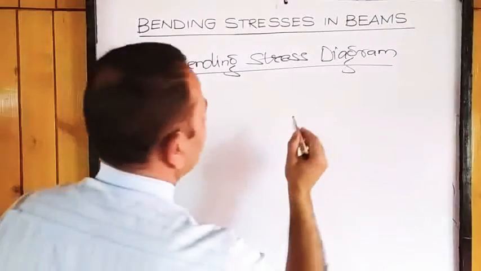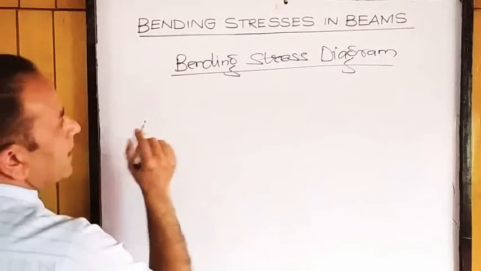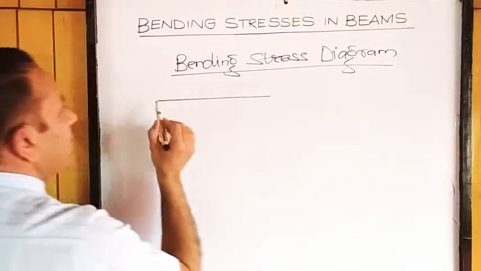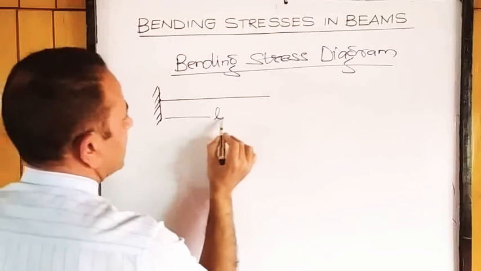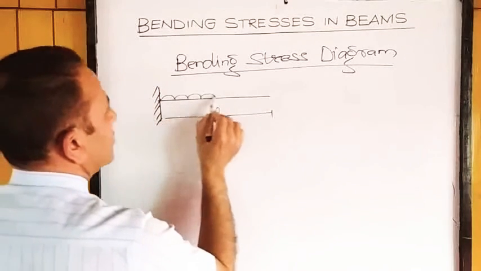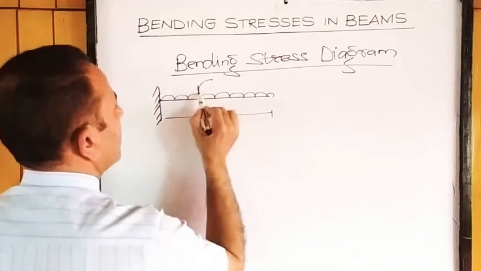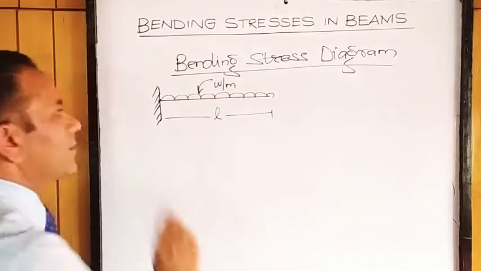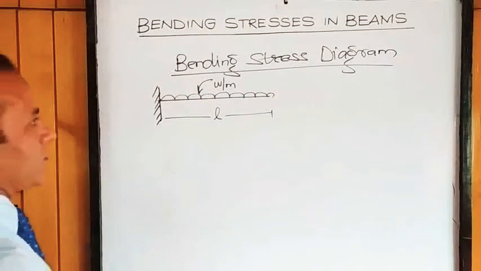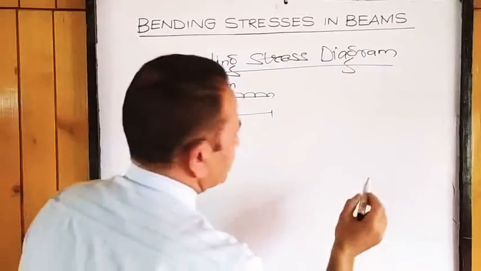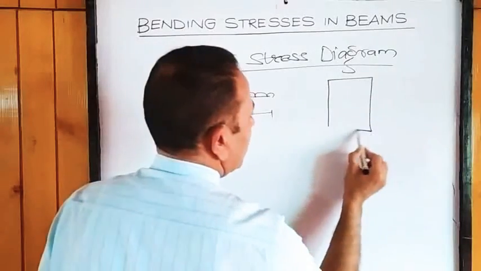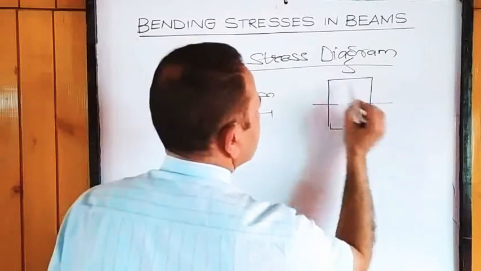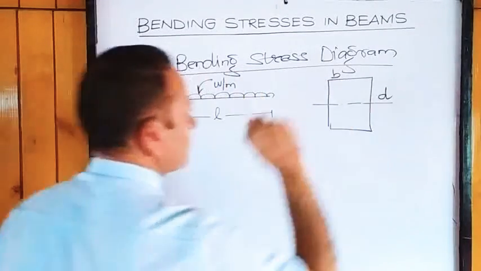Say for example, if I take the example of a cantilever beam, say this is a cantilever beam. Okay, it has got a span L. It has got certain UDL of W per meter intensity. The cross section of beam is a rectangular beam of size B by T. Okay.